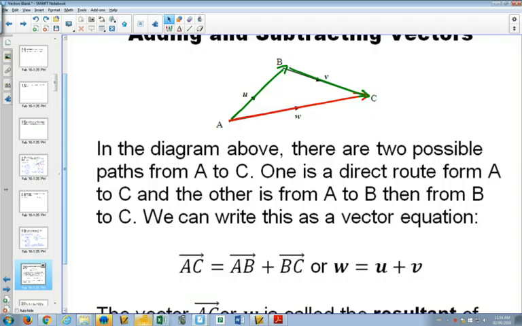Now, just thinking in two dimensions, does it make sense that U looks like we're going over 3, up 3? Are you okay with using that as an estimate? Now, if that's over 3, up 3, does V look like you're going over 3, down 2?